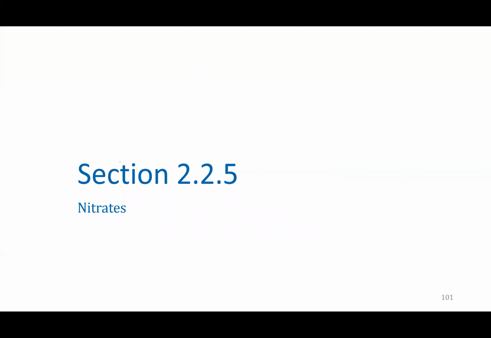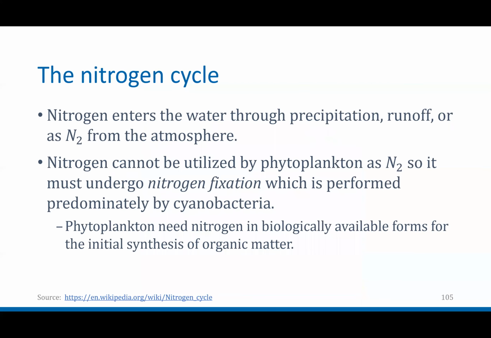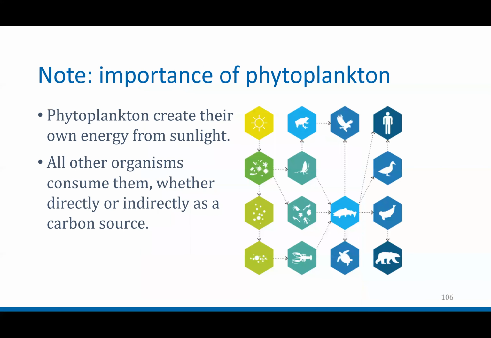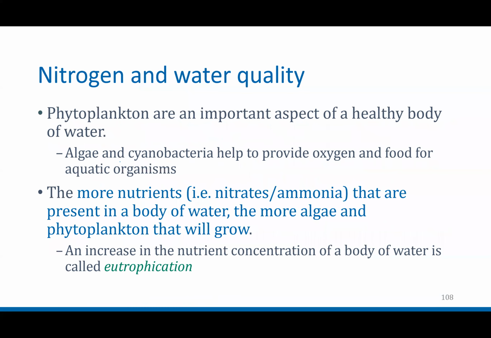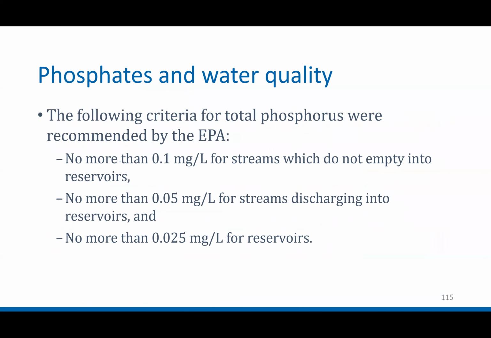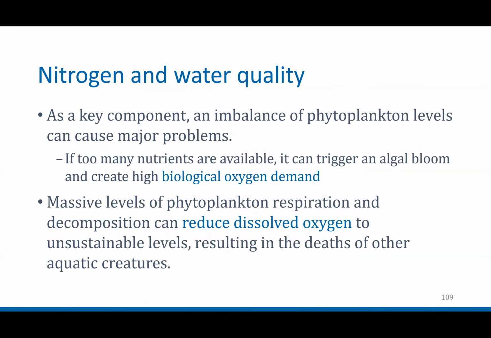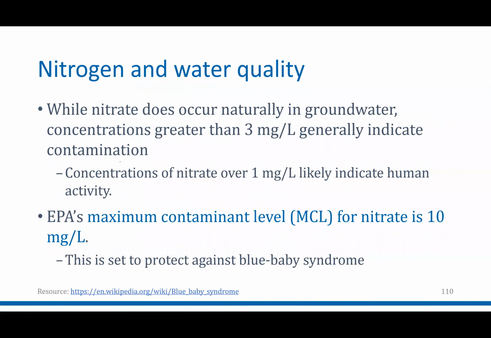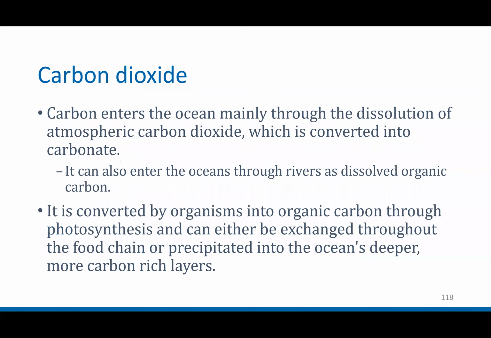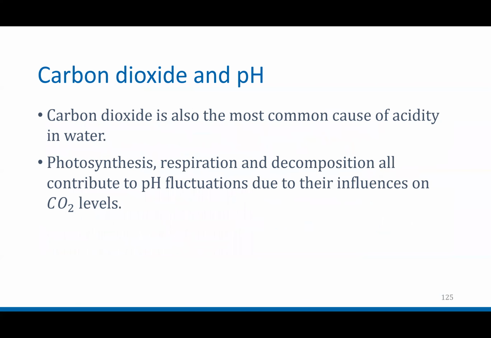Typically, if it was a real class, I might actually do the next two, but the next two fit together really nicely. Very quickly on Thursday, we're going to look at nitrates and phosphates. I'm going to do these two very quickly, and hopefully I can get to carbon dioxide and turbidity, but we'll see. I'm not going to go too fast.